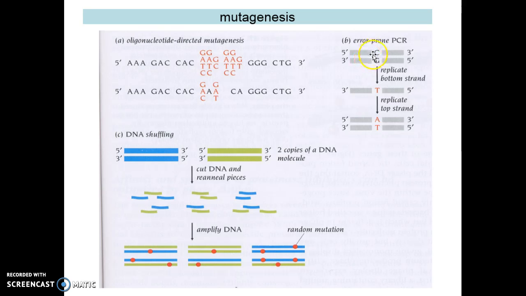In this case, the PCR technique is based on a DNA polymerase designed to have less fidelity, so that some mutations occur during the replication, and the final product will have random mutagenesis shown in red color.